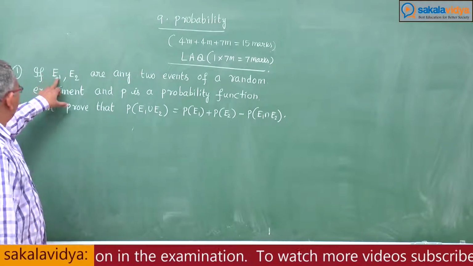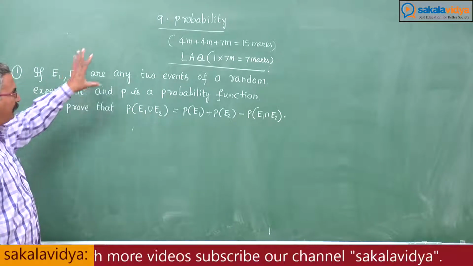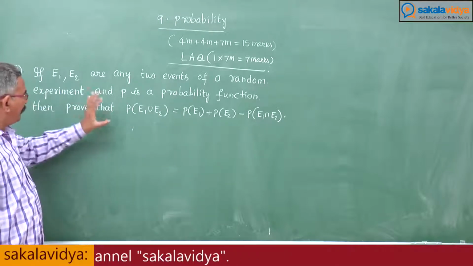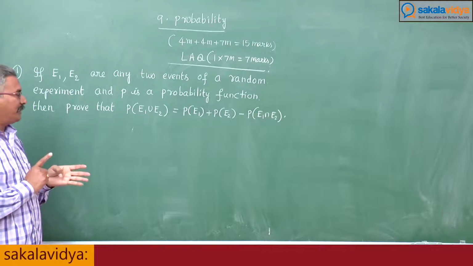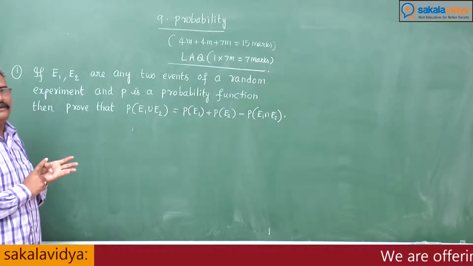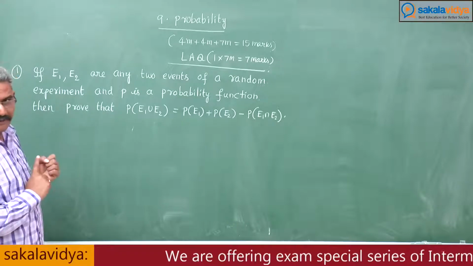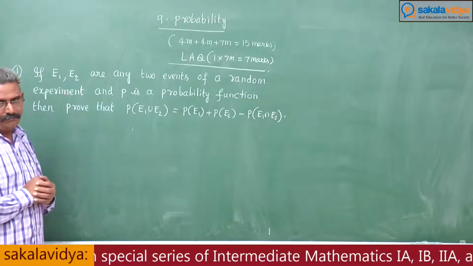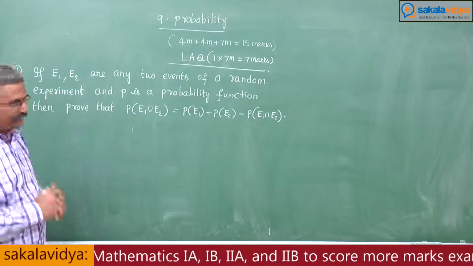Suppose E1, E2 are any two events of a random experiment and P is a probability function, then prove that P of E1 union E2 is equal to P of E1 plus P of E2 minus P of E1 intersection E2. This is a very important theorem. Definitely we will expect it in the examination. Compulsory, it may come in the examination for 7 marks.